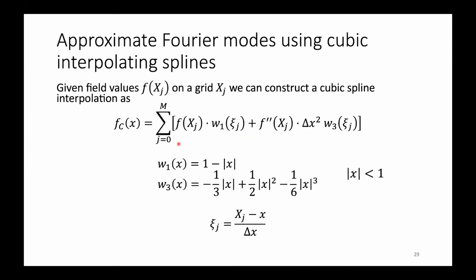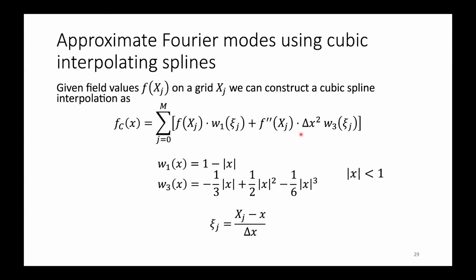One nice thing about these interpolations is they're both over the restricted domain X is less than 1. That means that these cubic interpolating splines have a compact stencil. So they only talk to the grid cells that are surrounding the particle that we're interpolating from.